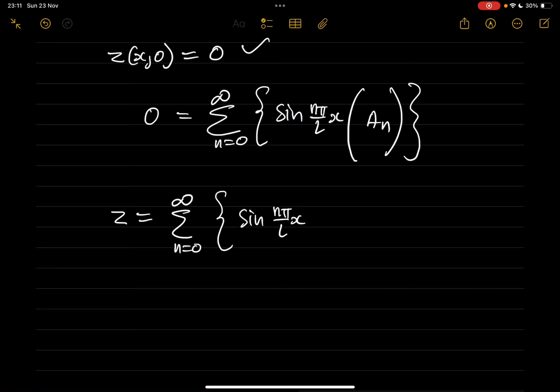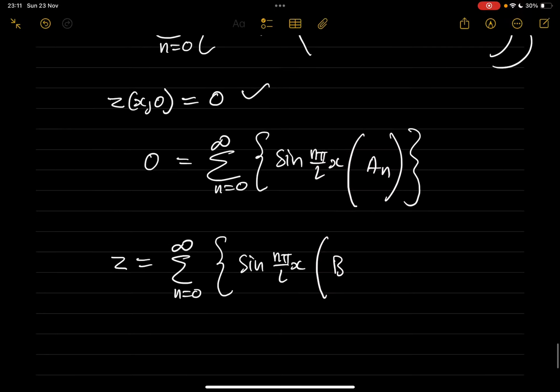So we have an, so here we have b. Okay, sorry, in order for this to be 0, that means an here is equal to 0, right? Because sine n pi over l cannot be 0 for all values of n. So an is 0.